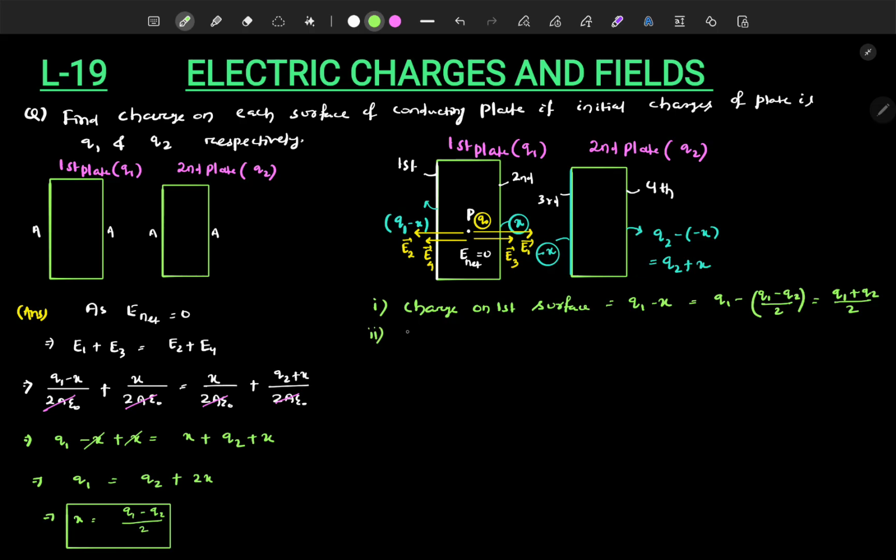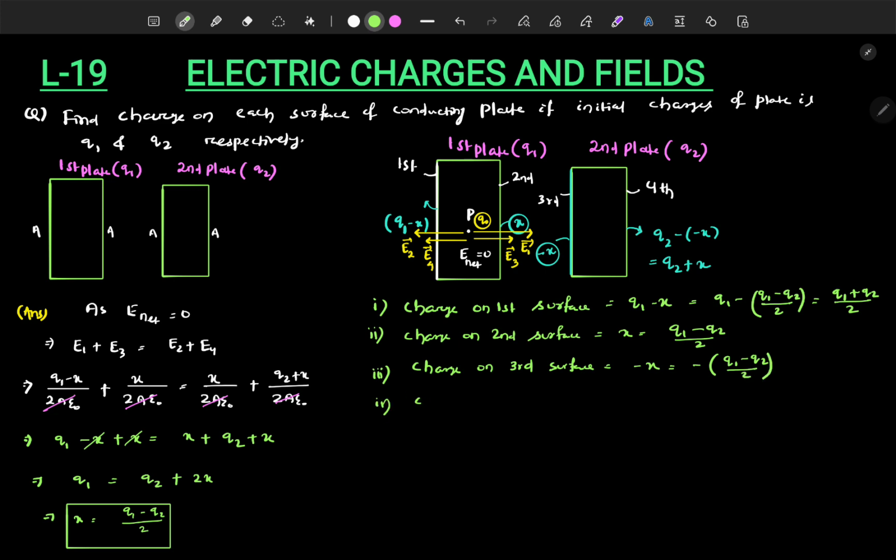Then second thing, charge on the second surface. It is very simple. That is equal to x, whose value is (Q1 minus Q2) by 2. Then third, charge on the third surface. That is minus x, that means minus of (Q1 minus Q2) by 2.